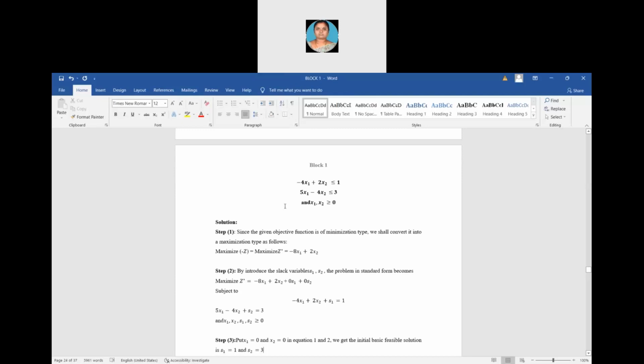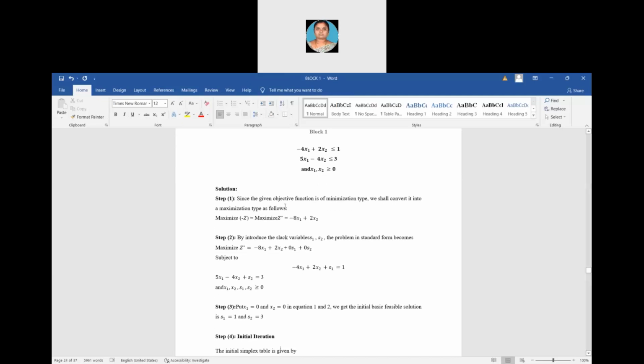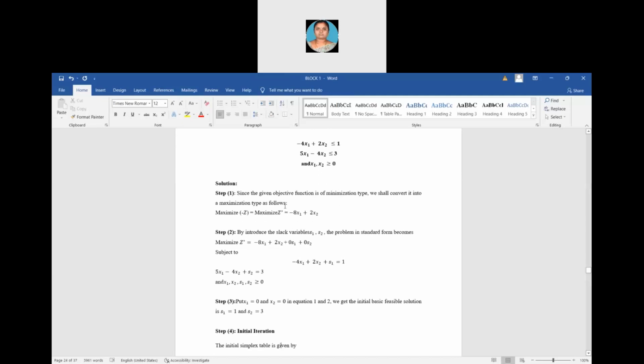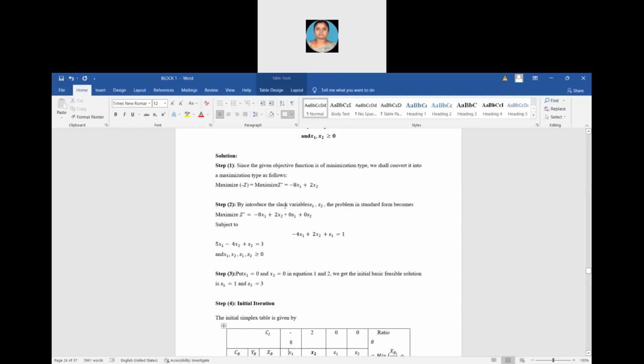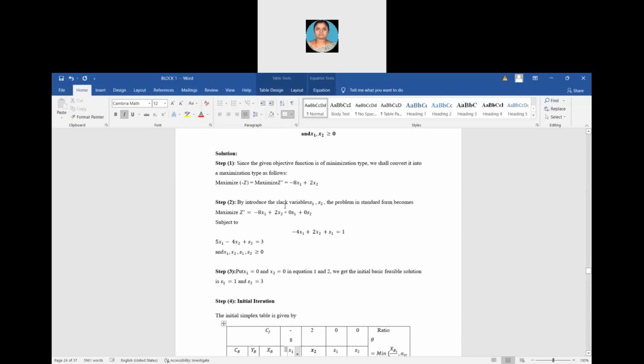What is our step 2? We need to introduce the slack variables s1 and s2, because all the inequalities are in terms of less than or equal to. So then the problem can be converted into standard form. That is, minus 4x1 plus 2x2 plus s1 equal to 1.